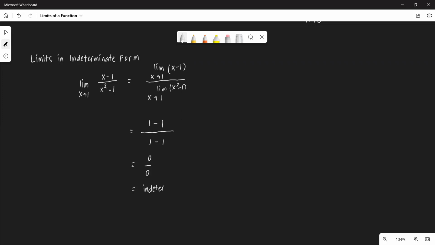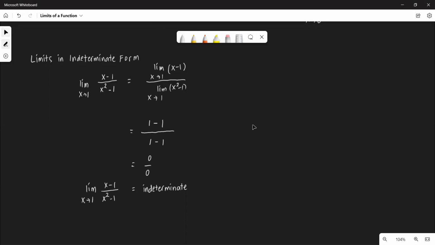It doesn't necessarily mean that there's no limit. It's just that it's not determined using the properties of limits, using this method.